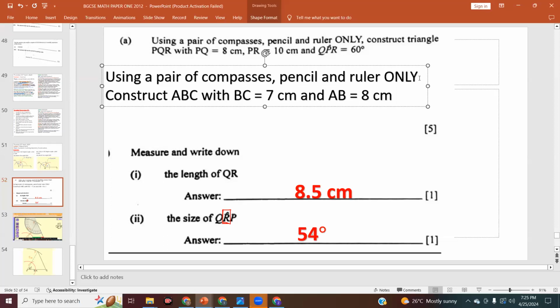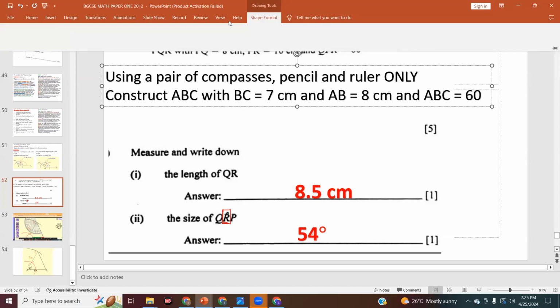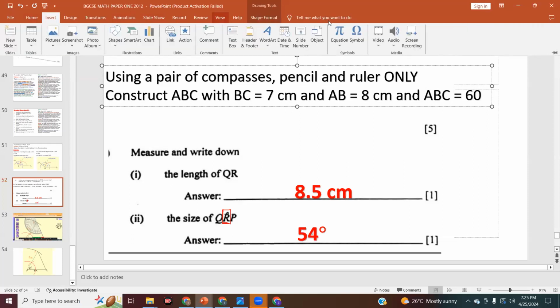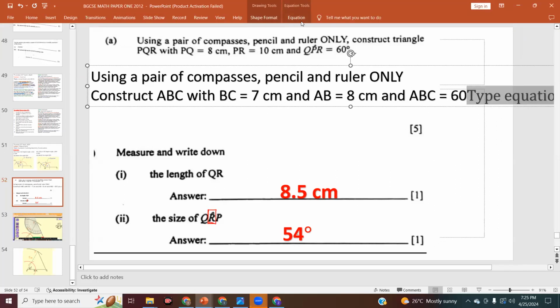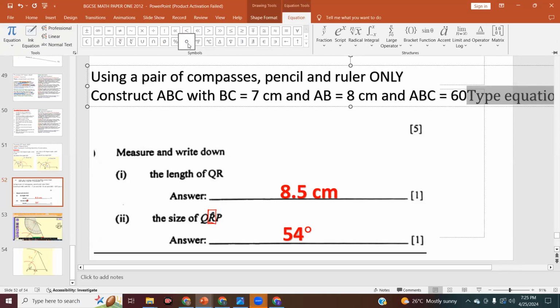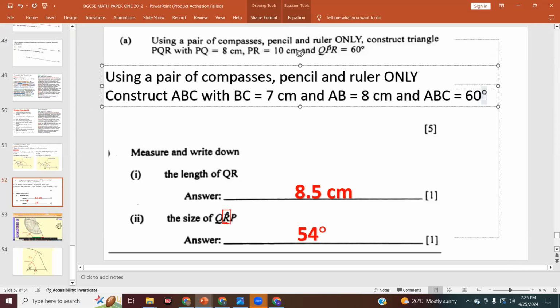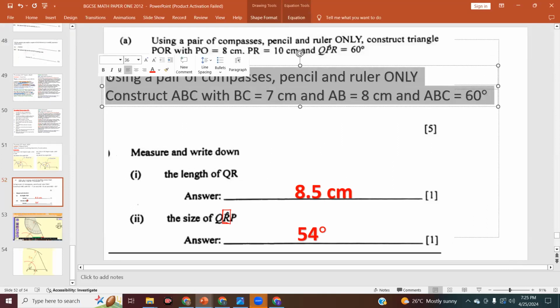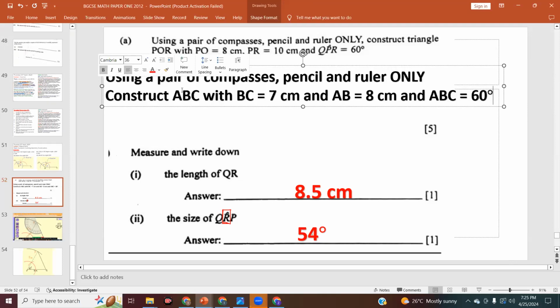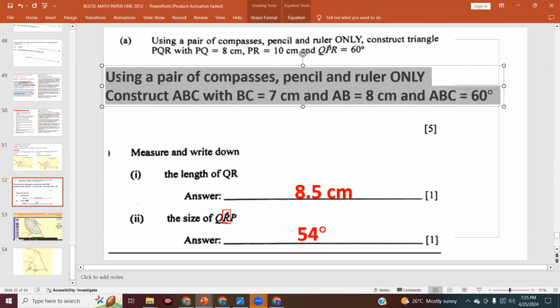And angle ABC is equal to 60 degrees. So we're going to keep it at 60 degrees.